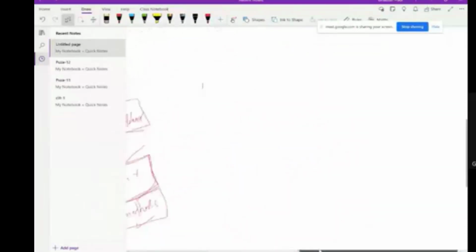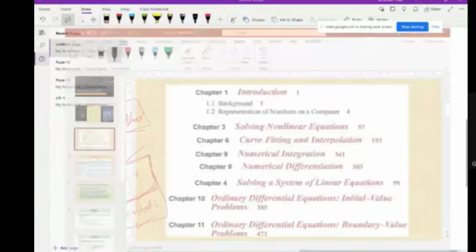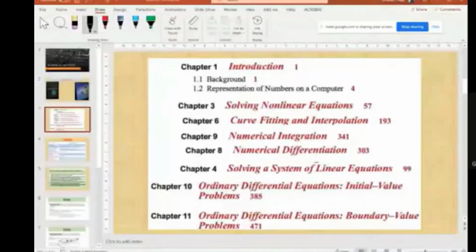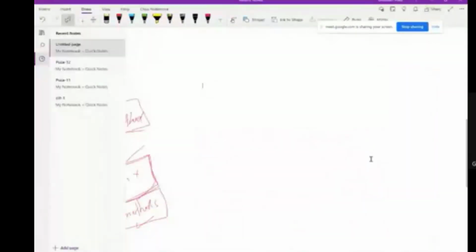Good. This is about integration. About differentiation, same thing. For example, if you have y equals x cubed minus 3x squared plus 3x, to differentiate this, y dash equals what?